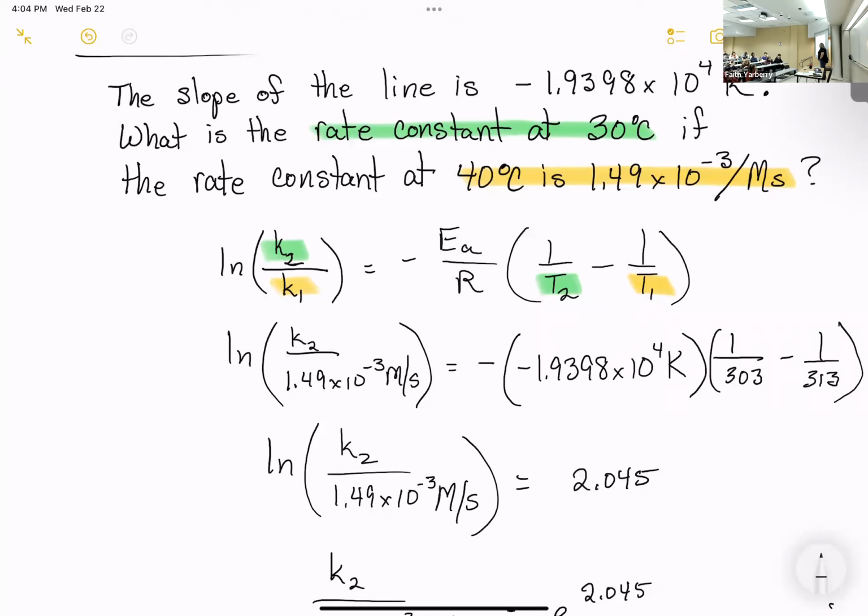All of this multiplied by a positive 1.9398 times 10 to the 4. I get 2.045 still.